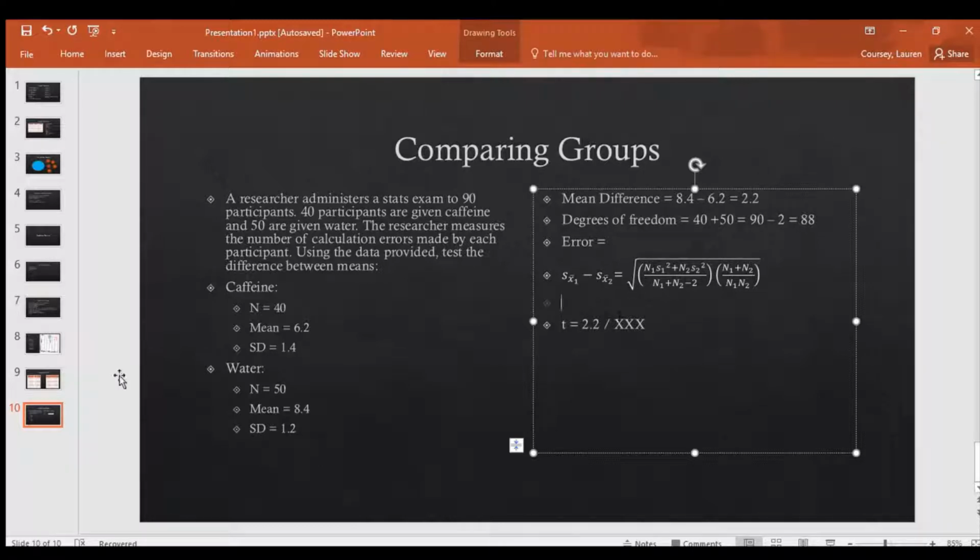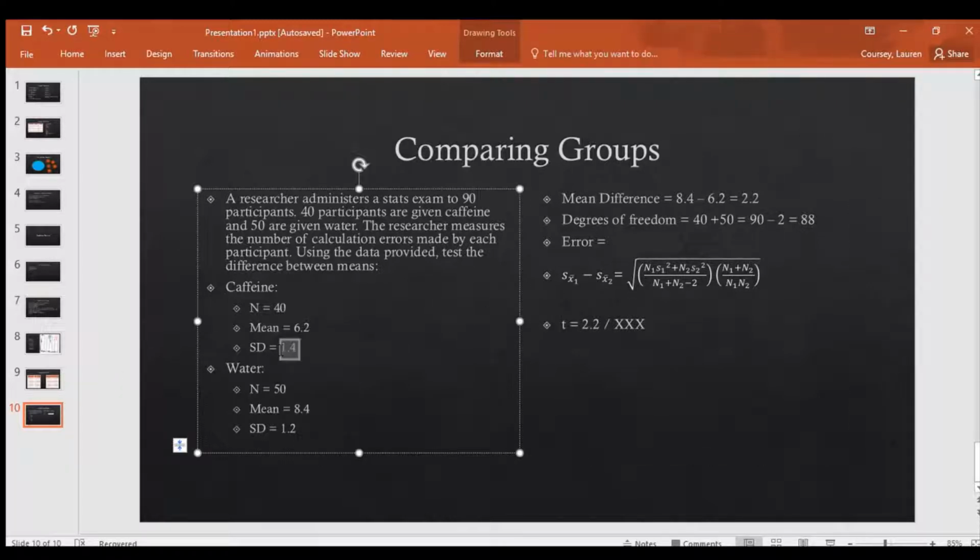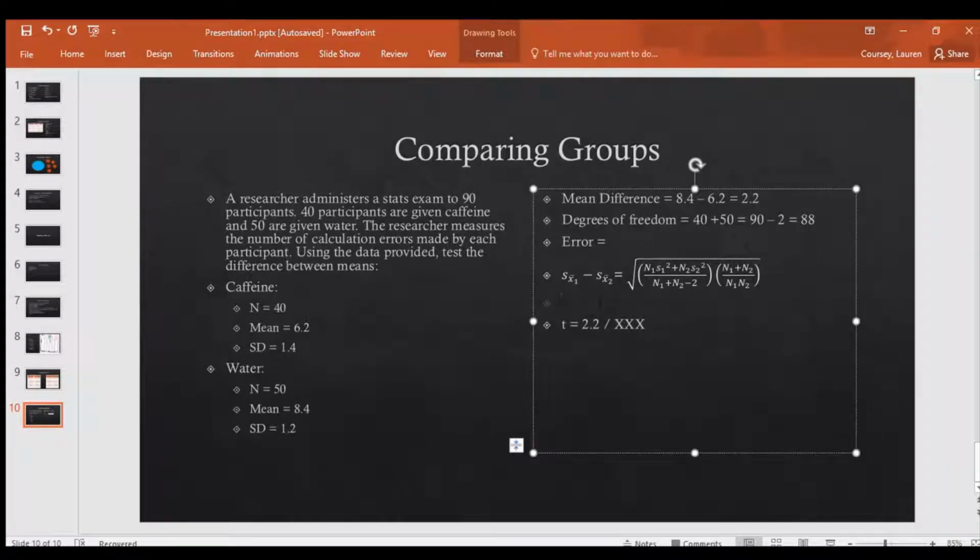So what we're doing is we're taking the standard deviation for each group and squaring it. So I'm going to get that value first, just to help us along the way. So my 1.4 squared would give me 1.96. My 1.2 squared would give me 1.44.